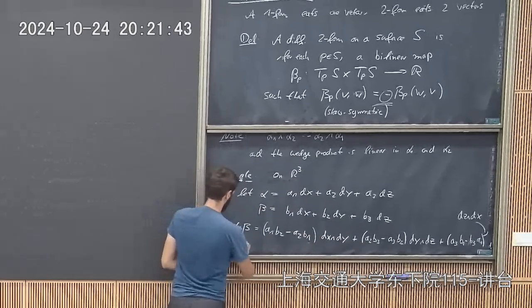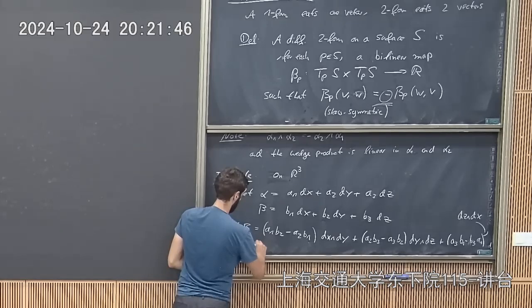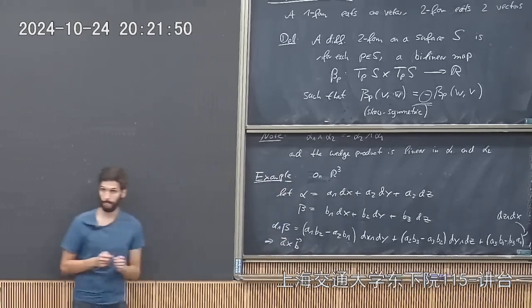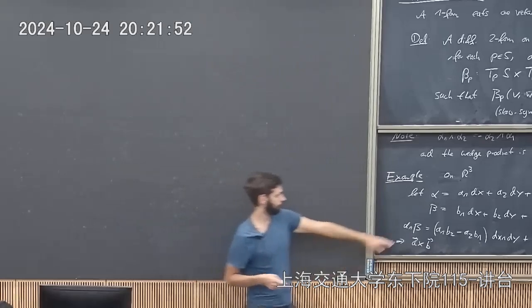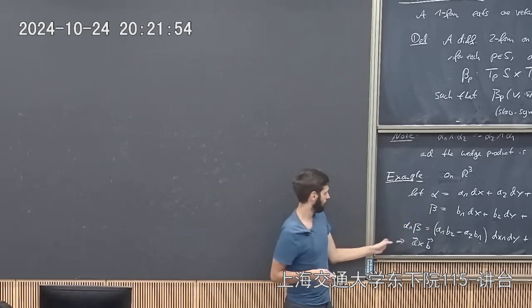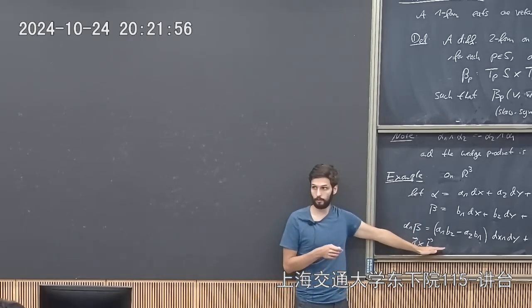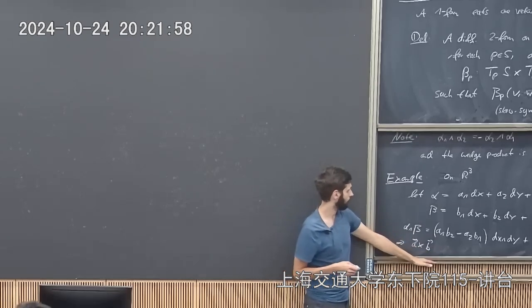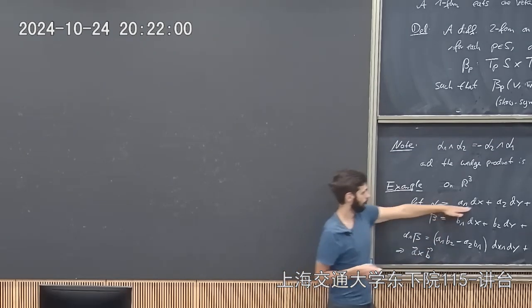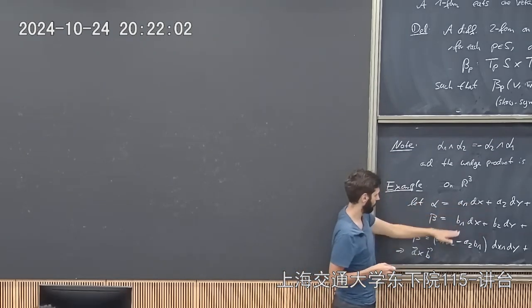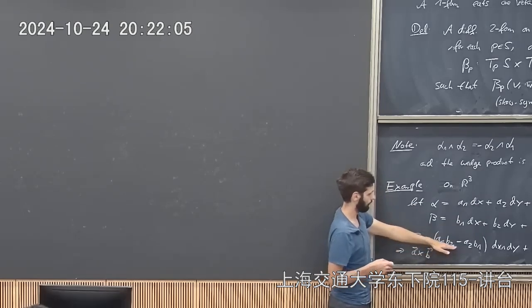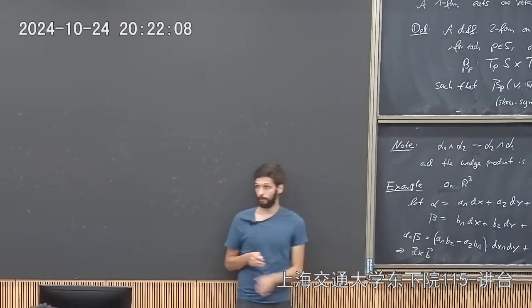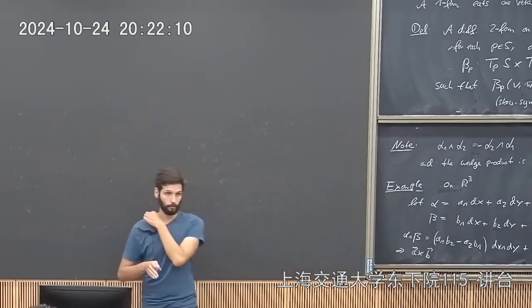So the coefficients are the same thing as the cross product if you think of these as vectors. So the coefficients of this wedge product are related to this cross product that you know. If you think of a vector as a one form in these two different ways, then the wedge product gives you essentially the cross product or the coefficients of the cross product.